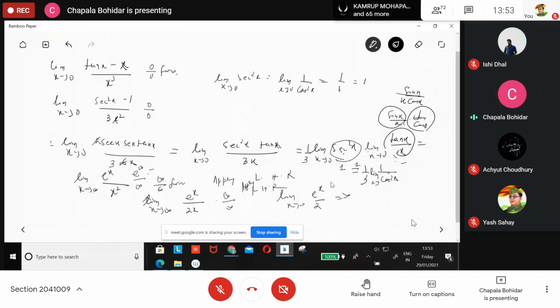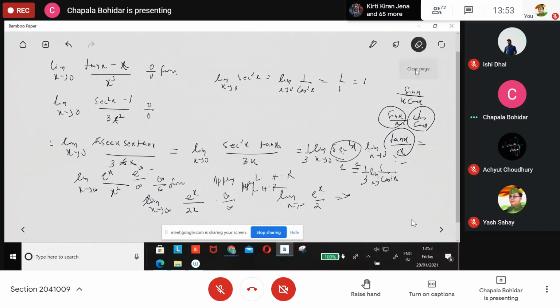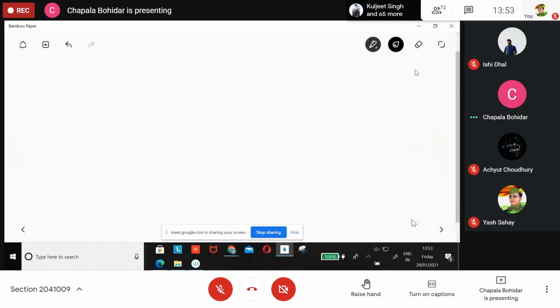Okay. So now it is your question number 22. Come to the question number 22. I'm going to erase here. The question is limit x tends to 0, 8 to the power t minus 5 to the power t divided by t.